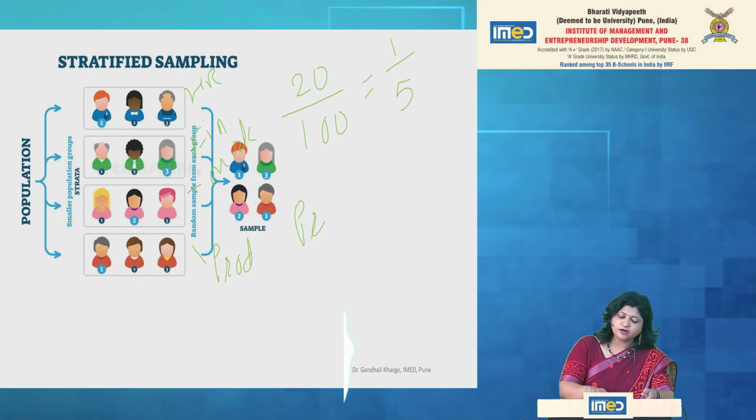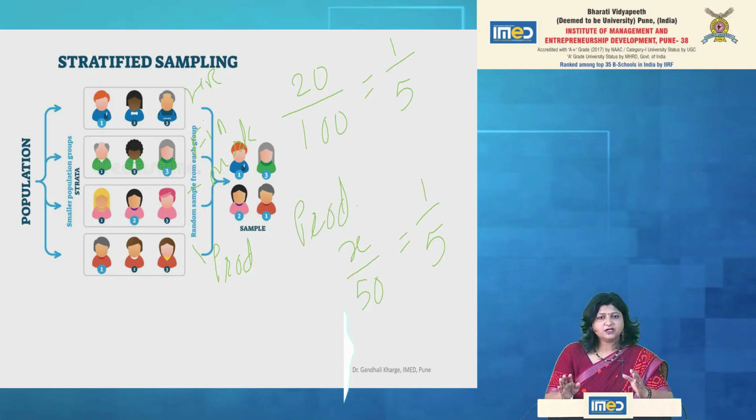Suppose in the production department, out of these 100, 50 workers are working. Okay, so I have to maintain the 1:5 ratio. So if 50 workers are working in production, how much do I have to select from the 50? That is nothing but x.